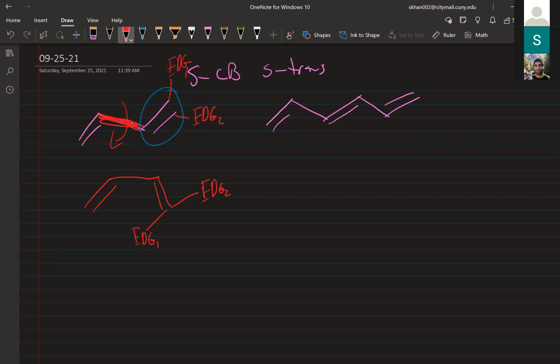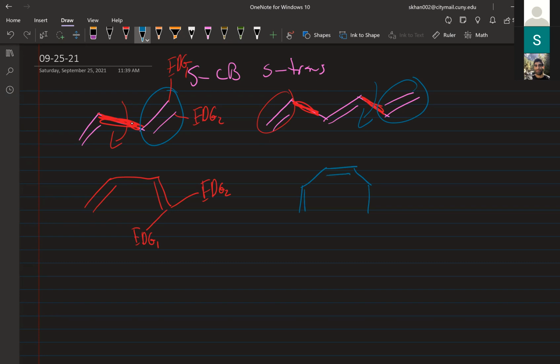So for this one, the two x-axes are these. You're basically trying to have this bond be cis to the other bond. So if you rotate this way, this is the original one on the side here.